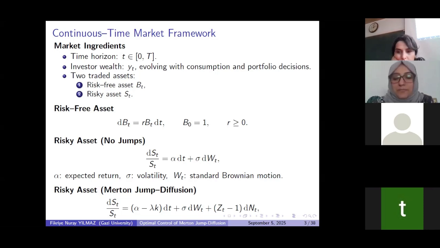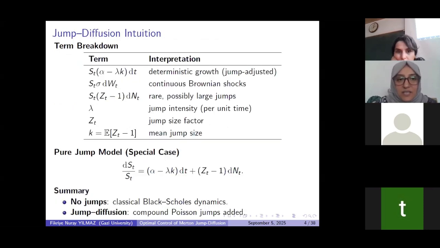So, for some financial cases, we face jump effects also. Risky asset can be formulated as dS_t over S_t is equal to some terms times dt plus sigma dW_t and some coefficient times dN_t. Here, N_t is called the Poisson process effect.